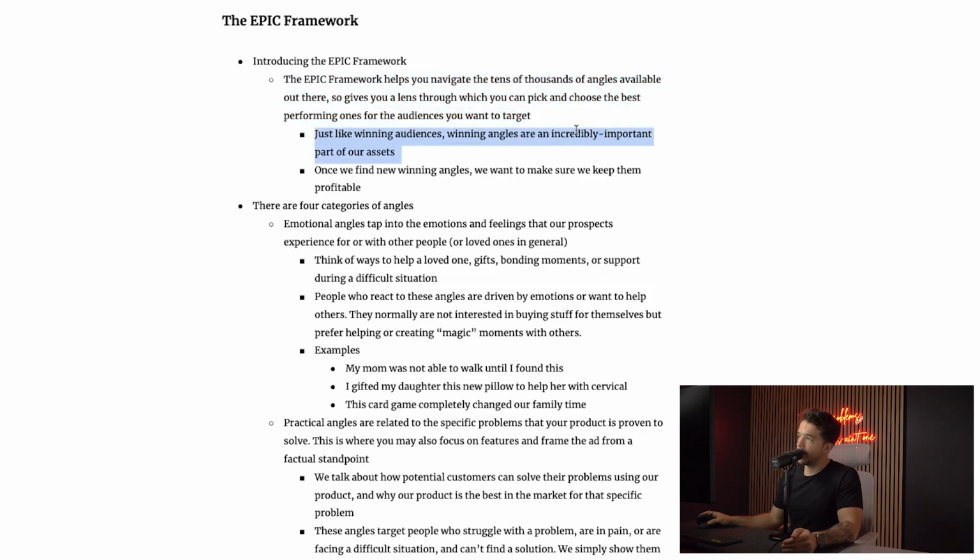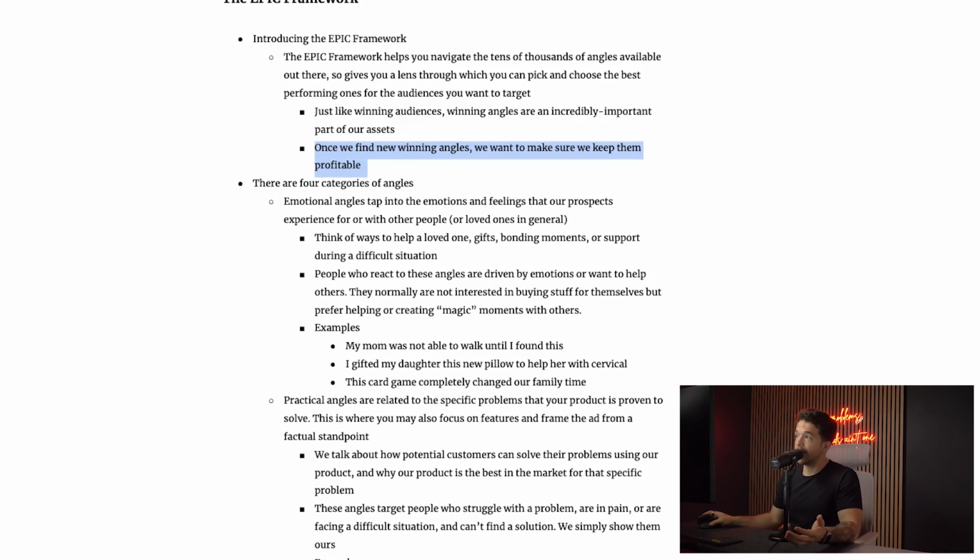Just like winning audiences, winning angles are incredibly important as a part of our asset. Once we find new winning angles, we want to make sure we keep them profitable. And this is another aspect that's extremely, extremely important. Once we keep our audiences profitable and our angles profitable, then finding new winning ads is not going to be a problem.